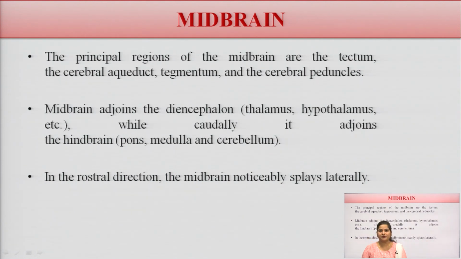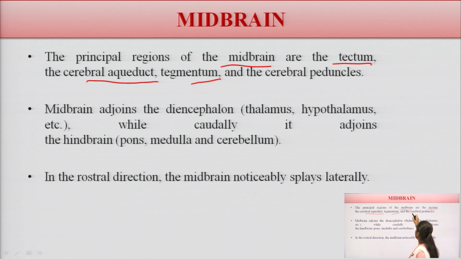The principal regions of the midbrain are the tectum, cerebral aqueduct, tegmentum and the cerebral peduncle. These are the major regions of the midbrain.